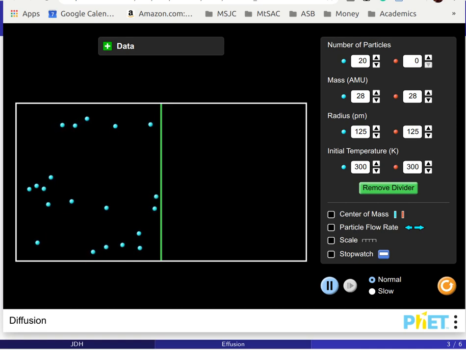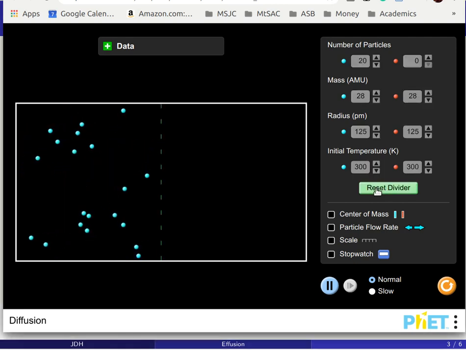So let's say, for example, that I have 20 particles all grouped, isolated on the left-hand side of this chamber. We would all predict that if I remove the divider, these atoms are going to tend to spread out throughout the entire space of that container.